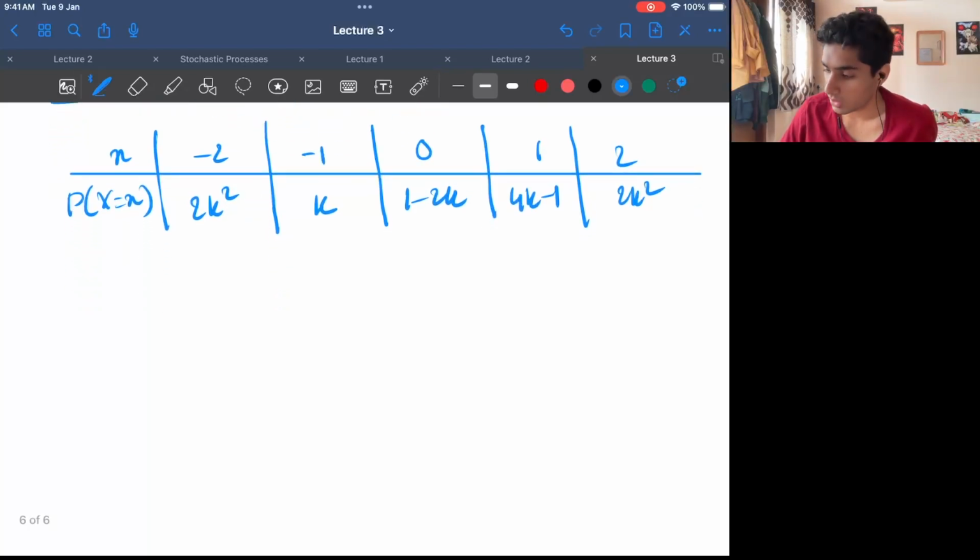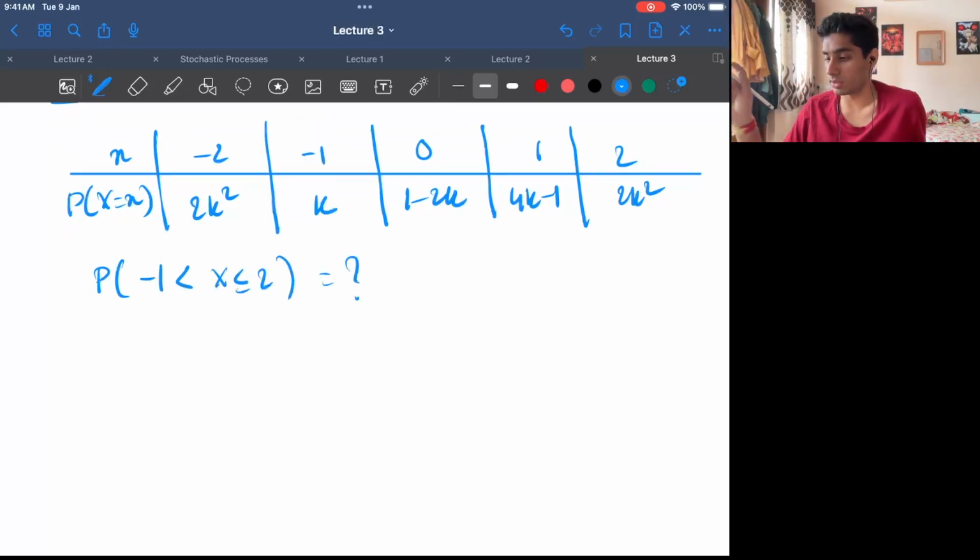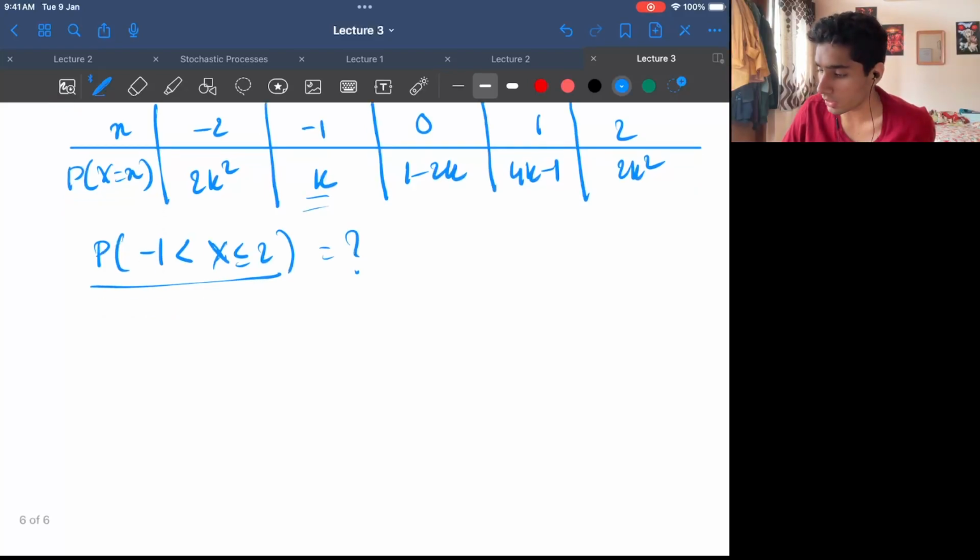And the question that is asked to you is what is the probability that x is between minus 1 and 2. You are being asked what is the value of this thing. So I hope you will agree that to evaluate this probability you need to find the value of k. How do you find the value of k?